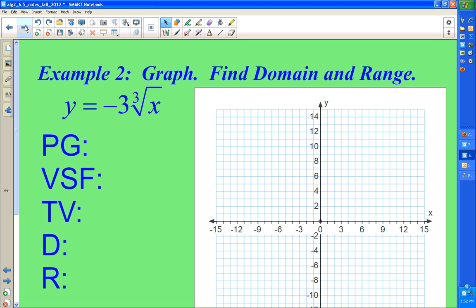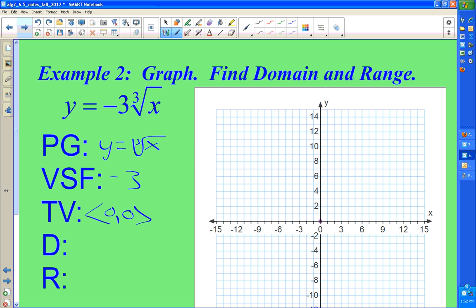So this is another one. We're going back to cube root now. Parent graph y equals cube root of x. Vertical stretch, -3. Translation vector, 0, 0. And this one, you should never even have to hesitate at all. What's your domain and range? Infinities. So, how do we say that?